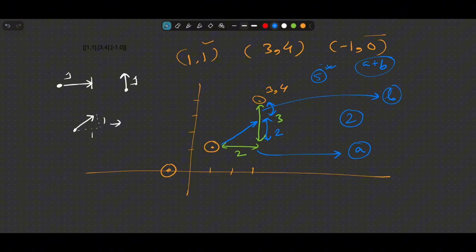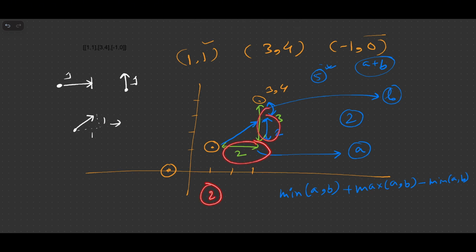Now the strategy we just discussed tells us we should take the minimum of A and B, and then the remaining part is the maximum of A and B, reduced by the minimum of A and B. You can see the minimum of these 2 is 2, the maximum is 3, and the remaining part is 3 minus whatever we already covered, that is the minimum.